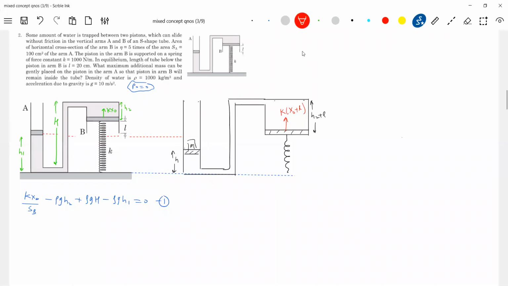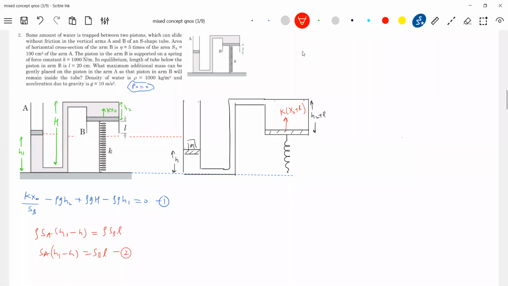The liquid that got displaced from column A should appear in column B. So rho SA (H1 minus H) should be equal to rho SB into L, or SA (H1 minus H). Keep it: the decrease in volume of liquid in column A should be equal to the increase in volume of liquid in column B.